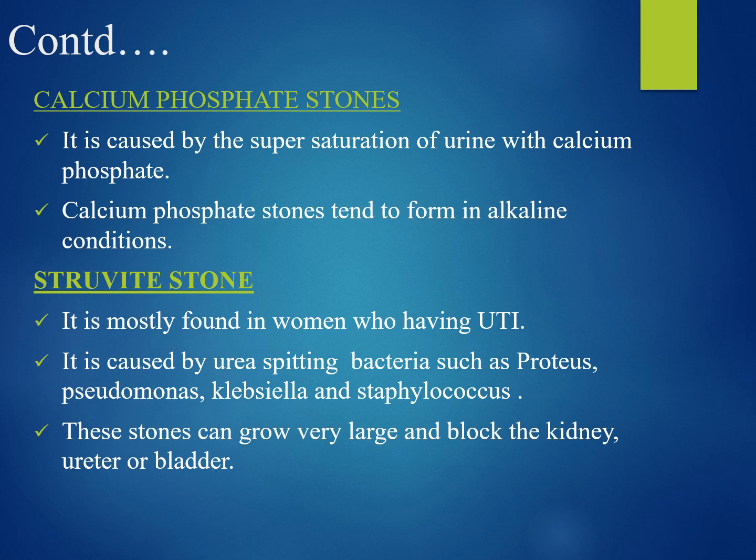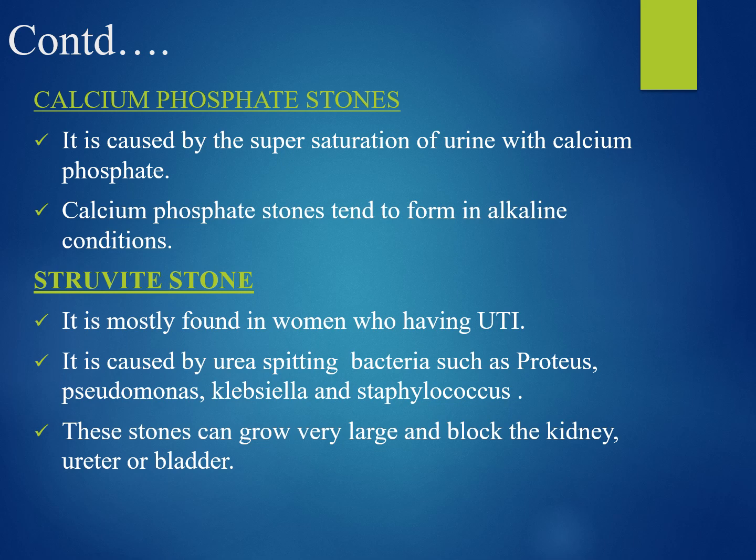And then the next type of stone is struvite stone. This struvite stone is more prone to women compared to men. Struvite stones are most commonly found in women who have chronic urinary tract infection. So urinary tract infection is one of the causes of struvite stone.